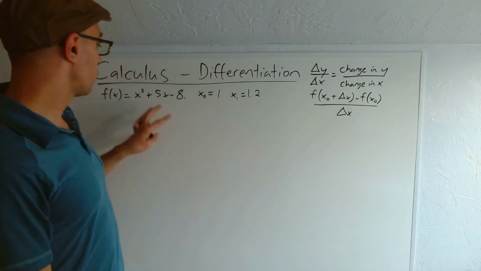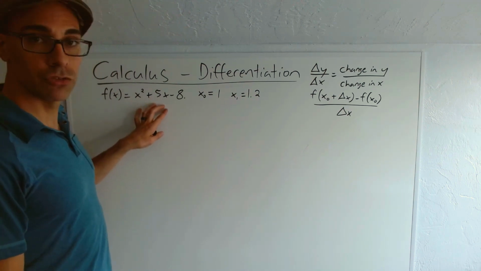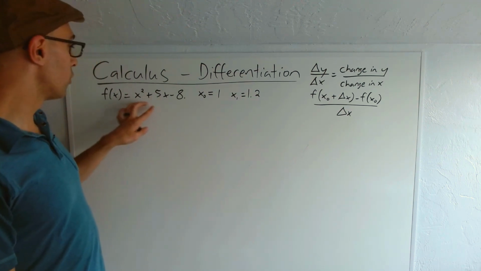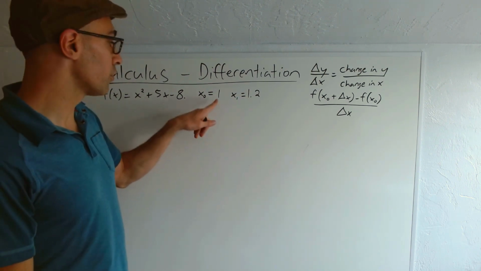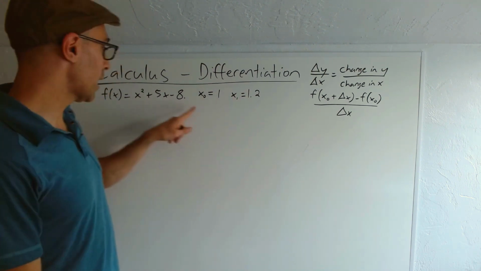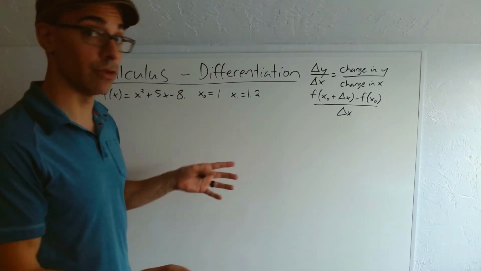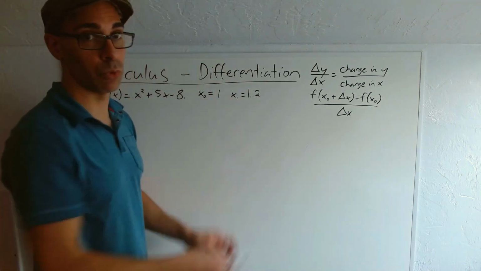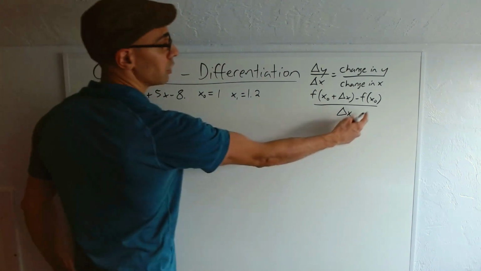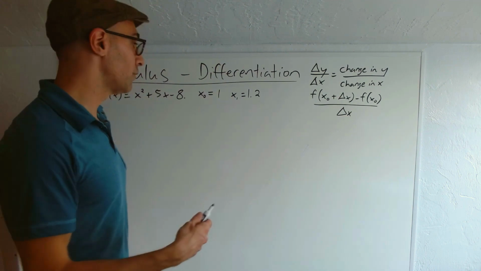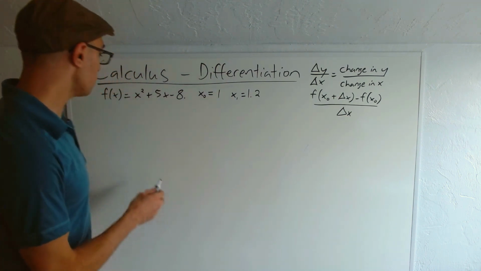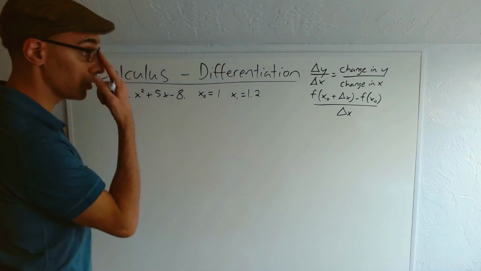So we are tasked with calculating what is the average change in this function f if we go from 1 to 1.2. How does this function change on average in between 1 and 1.2? So we're going to use this formula that we looked at in our last video. Let's just go ahead and plug things in.